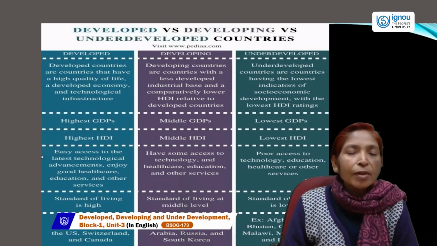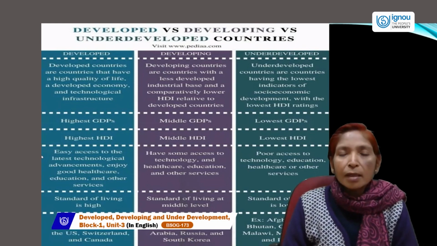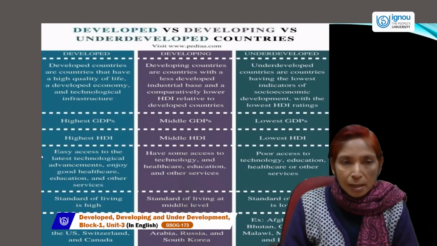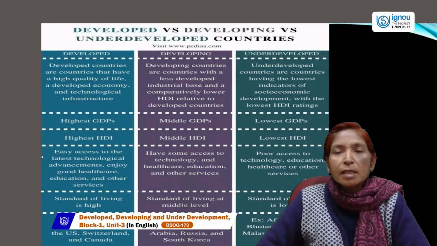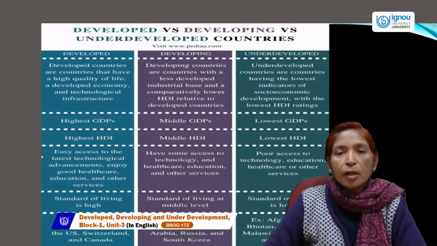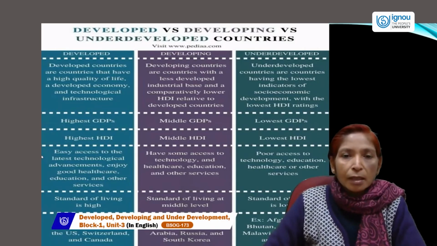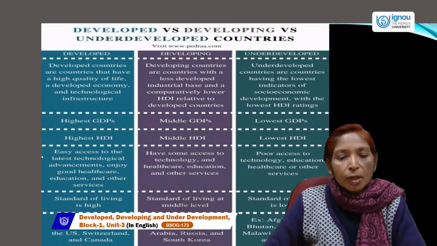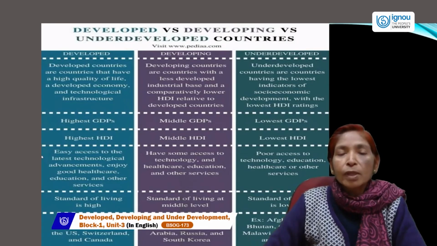Examples of developed countries are Norway, Denmark, Austria, the US, Switzerland, Canada, and Japan. Examples of developing countries are India, Indonesia, Nigeria, which is an African country, Saudi Arabia, Russia, and South Korea.